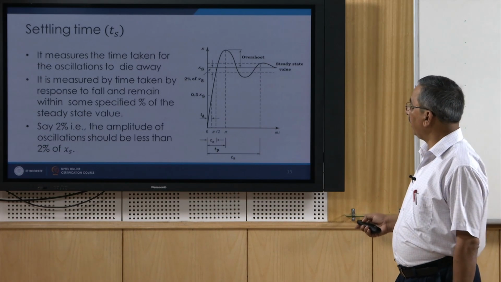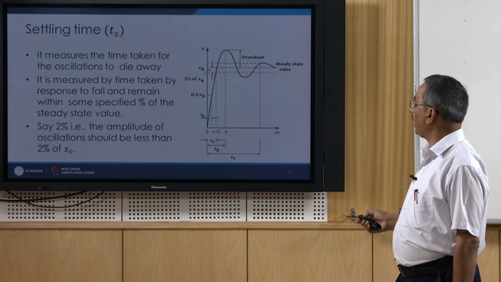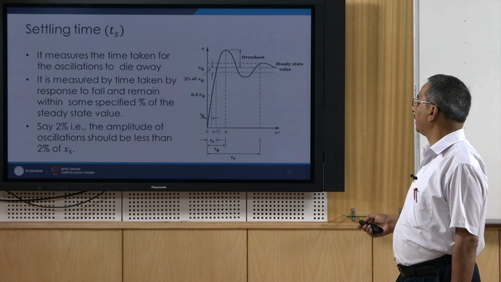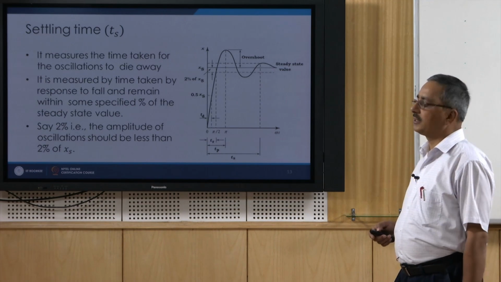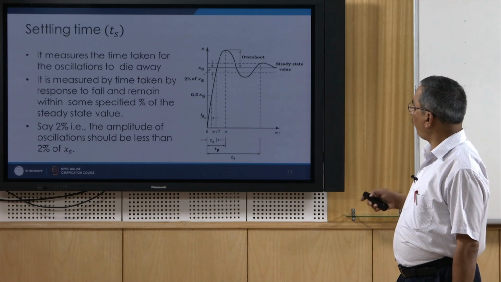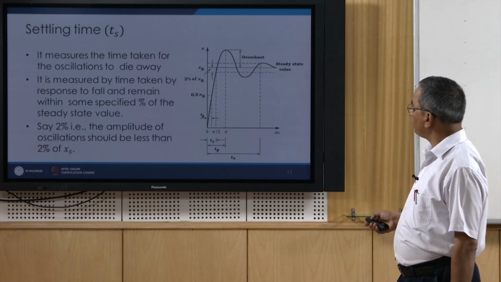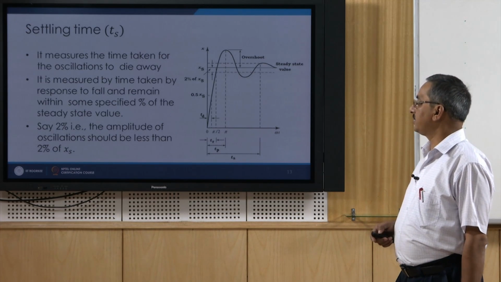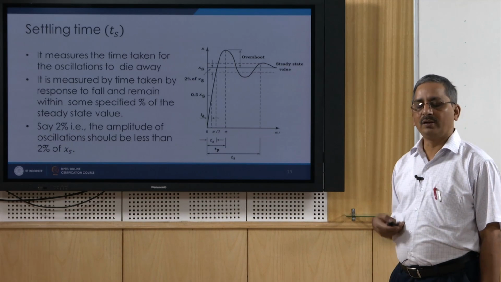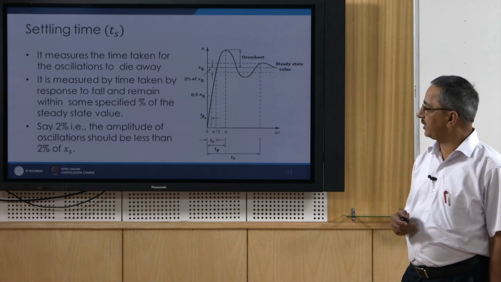It is measured by the time taken by the response to fall and remain within some specified percentage of the steady state value. We can talk about say 2% value, or we can talk about 5% value.